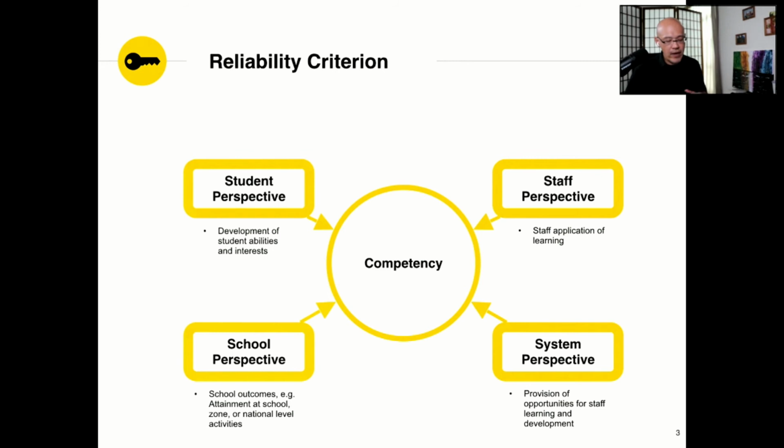And this is where we have the school perspective when you look at school goals attainment at school, zone, or national level. So the point I want to make here is that when you're looking at KPIs, you are not just looking at your staff thrust alone.